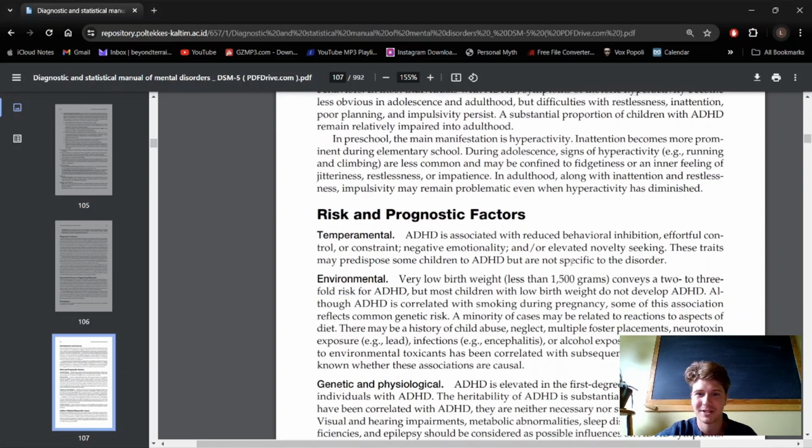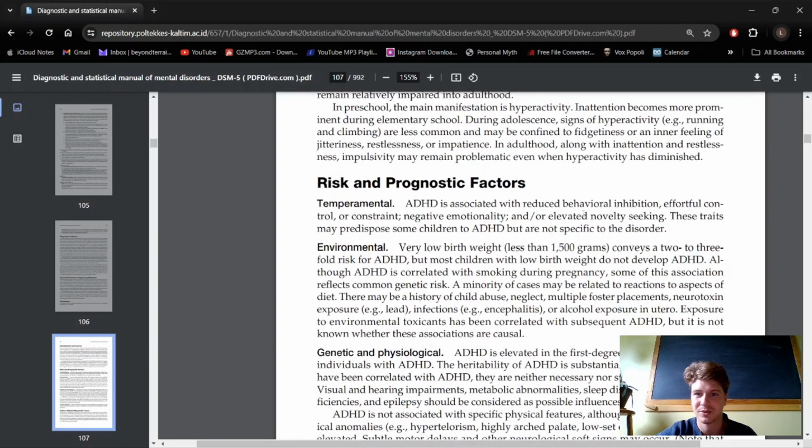Risk and prognostic factors: ADHD is associated with reduced behavioral inhibition, effortful control, or constraint, negative emotionality, and/or elevated novelty seeking. These traits may predispose some children to ADHD, but are not specific to the disorder.